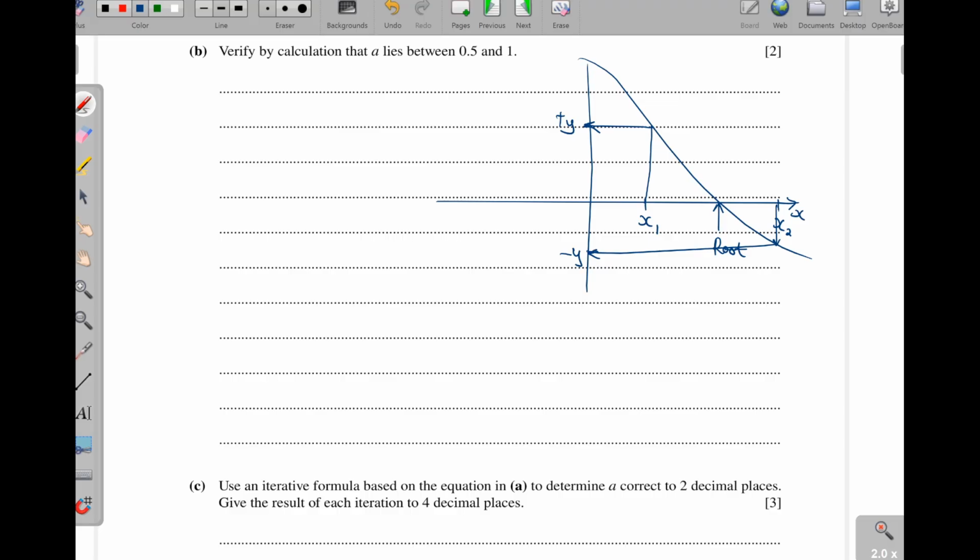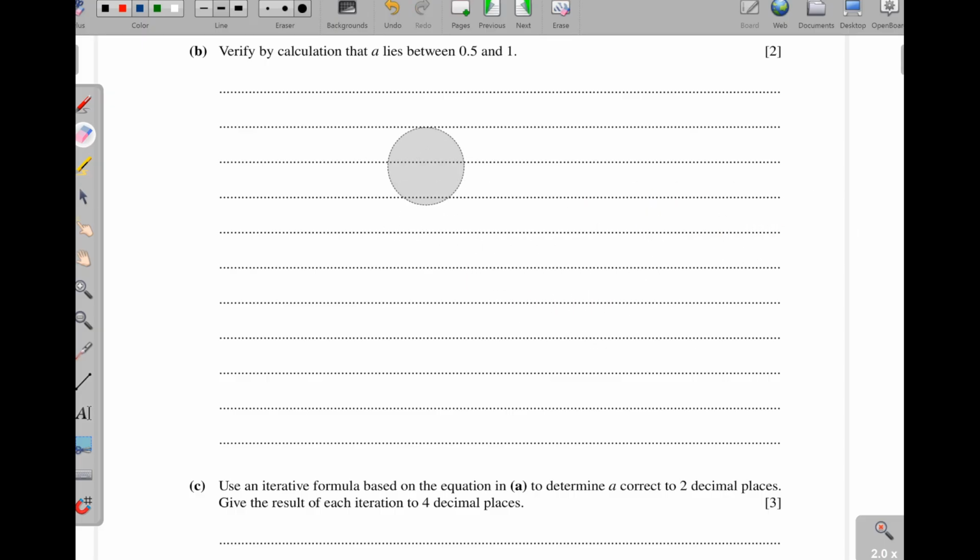You see that? So if you have two x values and the root is in between them, then one of the values must give a negative and the other one must give a positive. So there has to be a change of sign in that function.